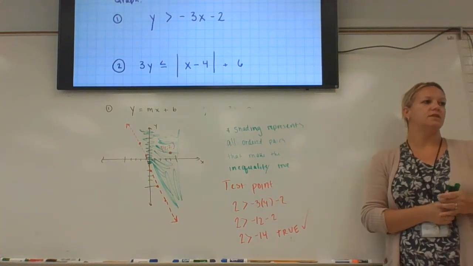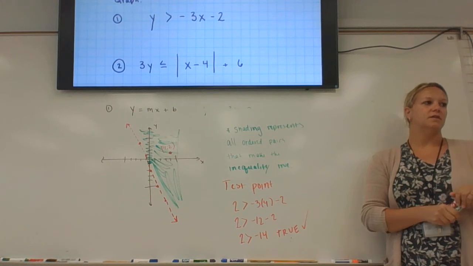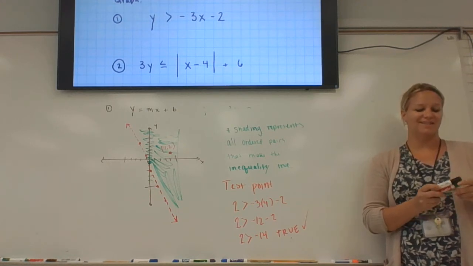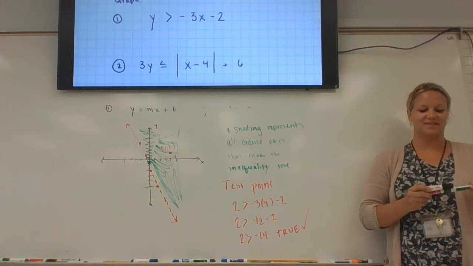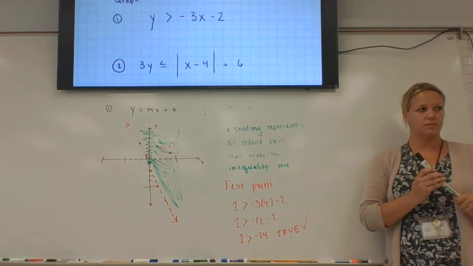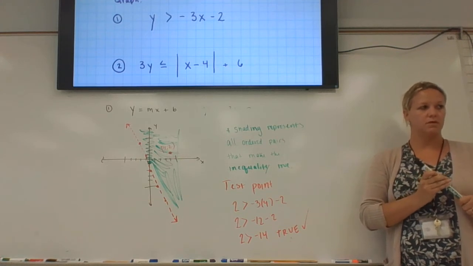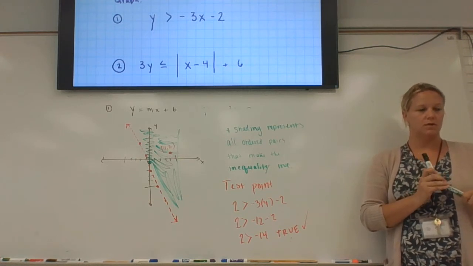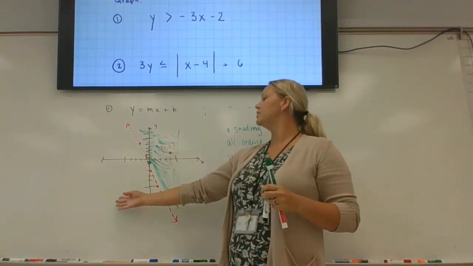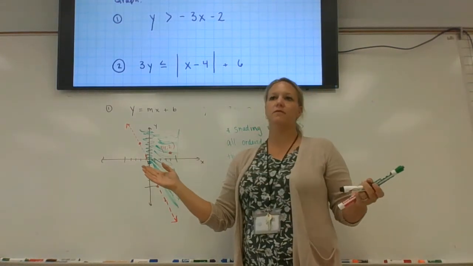So regarding shading, is there going to be a future lesson where we're going to have two inequalities instead of one, and then we would either have to combine or diverse shaded areas? Yeah, so sometimes you graph two, it's called a system of inequalities.